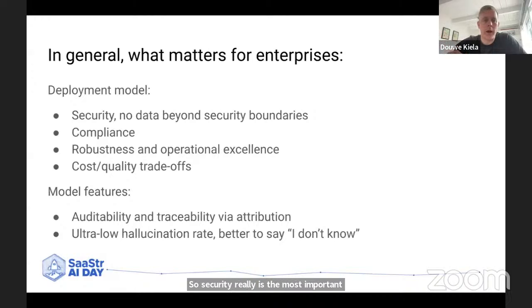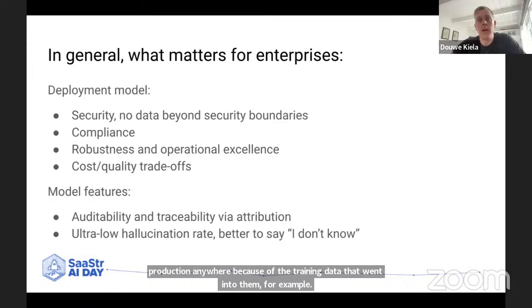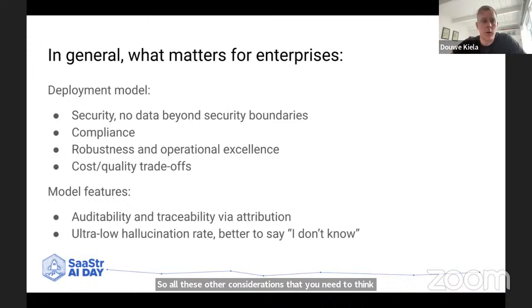Companies really don't like it when data has to go beyond their own security boundaries, and for good reason. There are all kinds of compliance issues that play not just into what model is right, but also some models are not allowed to be deployed in production anywhere because of the training data that went into them, for example.